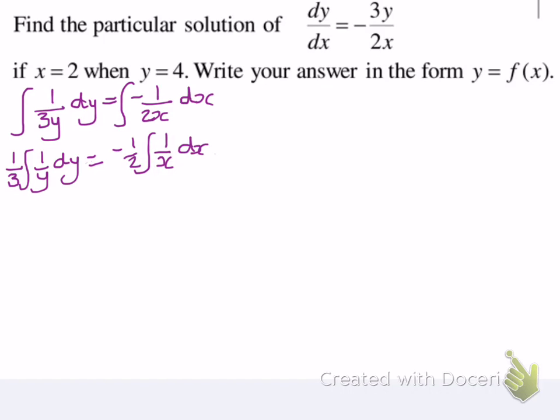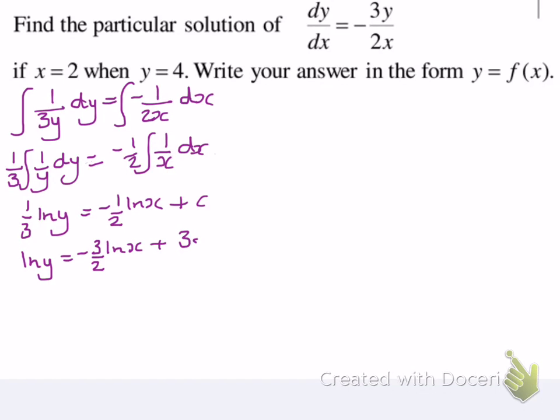And integrating will give me 1/3 ln y equal to minus 1/2 ln x plus a constant c. I'm now going to multiply both sides by 3, which will give me ln y equal to minus 3 over 2 ln x plus 3 times our constant c.